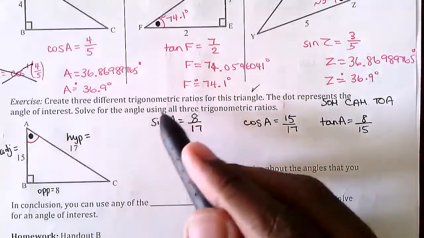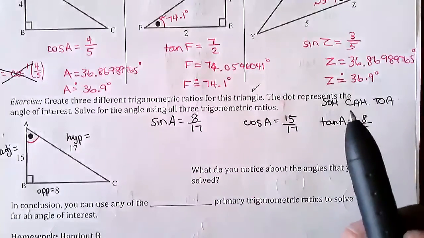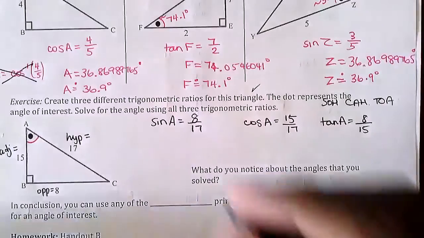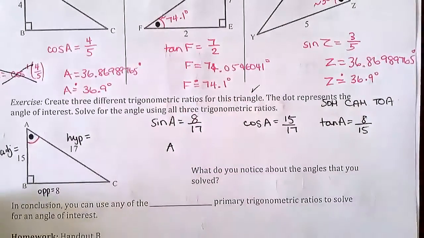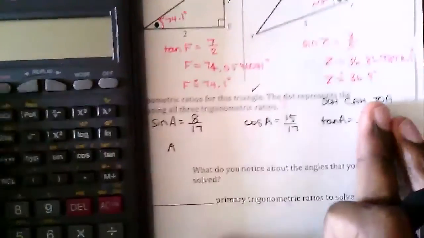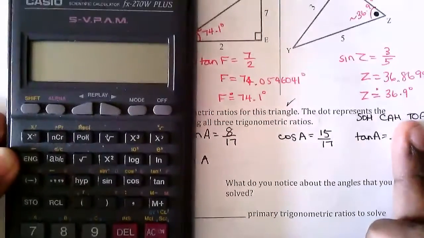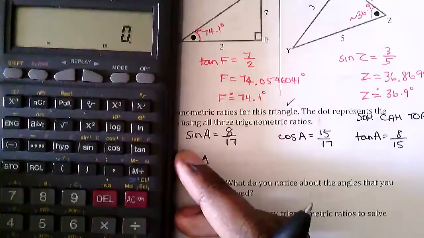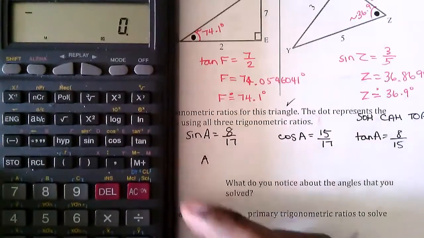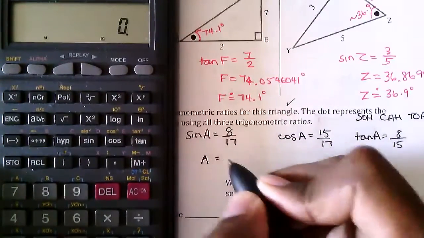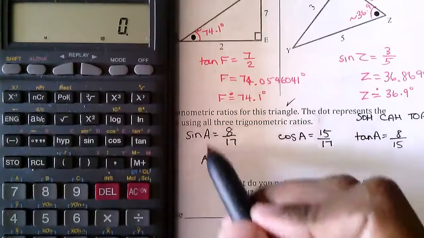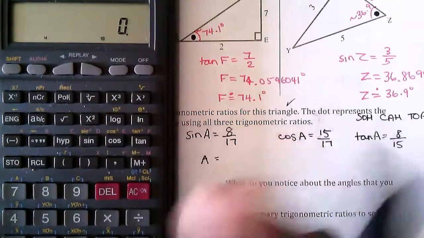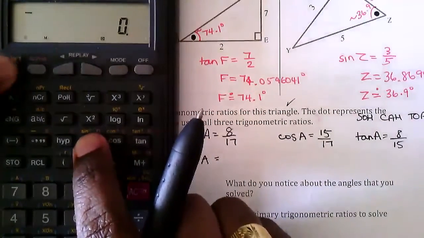I want to now solve for the angle using the three trig ratios, using the method I showed you above for solving angles. So to solve for A, I'm going to show you this on my calculator. I'm not going to write out the full angle this time, I'm just going to round it to one decimal place right off the top. To isolate for the angle, I need to use the inverse trig function.